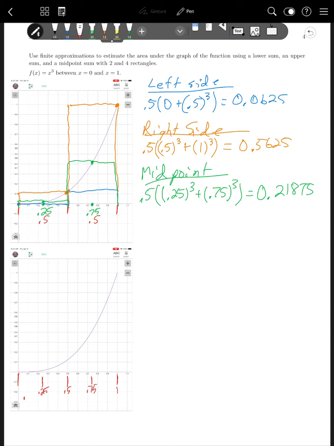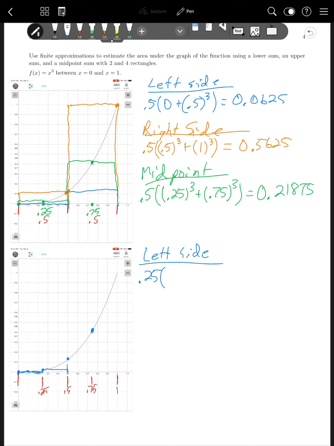So we want to go from 0, and the best way to do that is to break it in half, just like we did above, and then break those in half. So this is 0.25, this is 0.5, this is 0.75, and this is 1. And each one of these regions is 0.25 across. Okay, our width is 0.25.